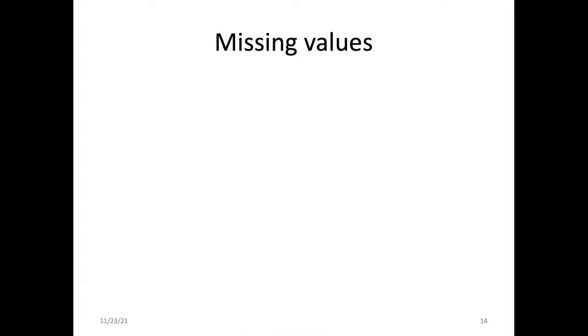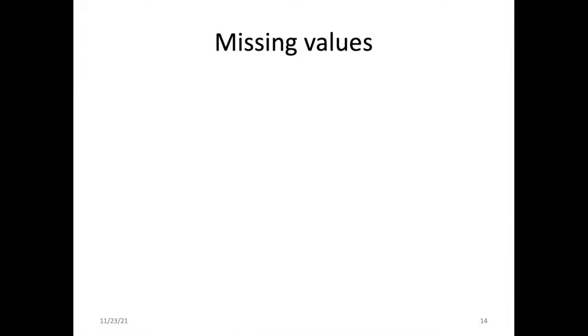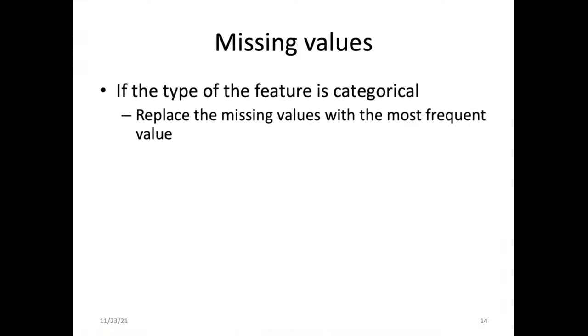Okay, how to deal with missing values? If the type of feature is a categorical feature, so how to deal with it? Until now we always assume that you observe all the features.